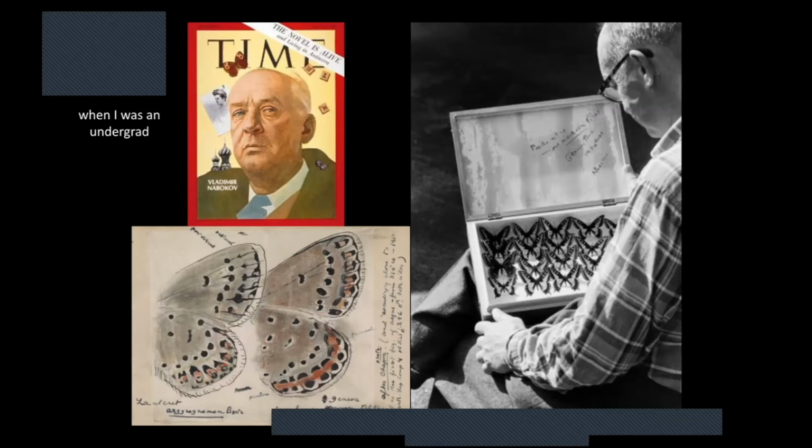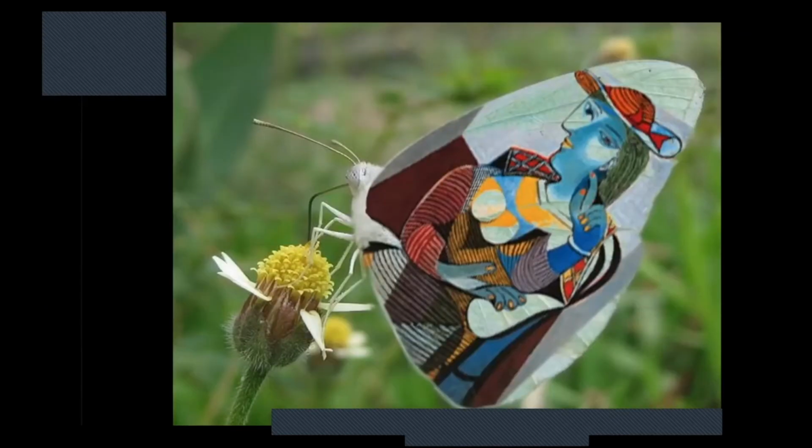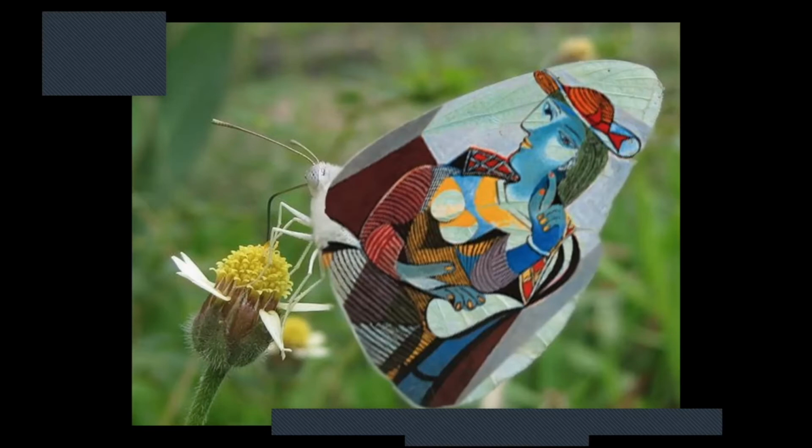And in this future world, you have a biotech company that engineers butterflies and reproduces famous paintings on their wings. So this is a Photoshop. This does not exist, of course. So you have the Mona Lisa butterfly, you have a Picasso butterfly, and this biotech company sells those beauties to wealthy collectors, all right, for money, for profit.